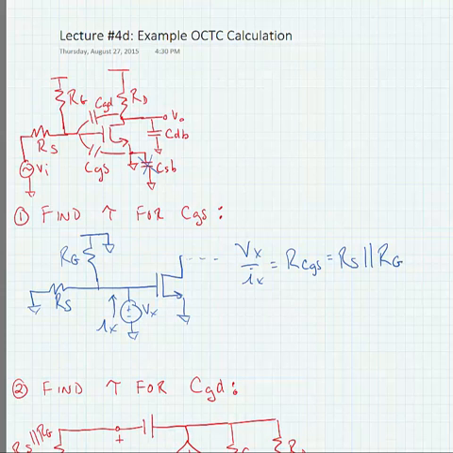Hence, the time constant at this node that we'll call tau CGS is equal to CGS times quantity RS in parallel with RG.